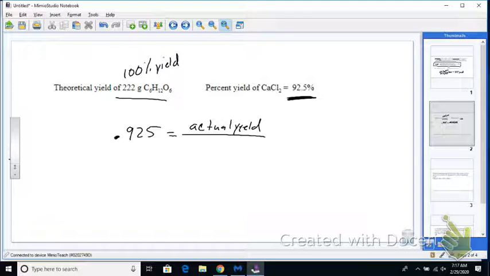In this case, it's 222 grams of glucose. We don't know the actual yield. Normally I take that times 100 to get the percent, but if I don't have it times 100, then I've got the decimal form of the percent. Now all I have to do is get actual yield by itself, and I do that by multiplying both sides by 222.